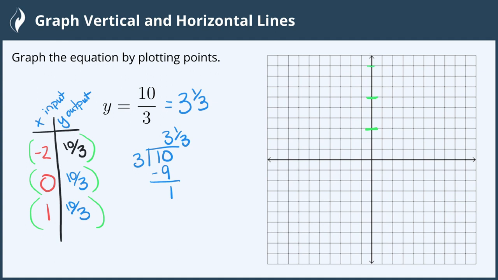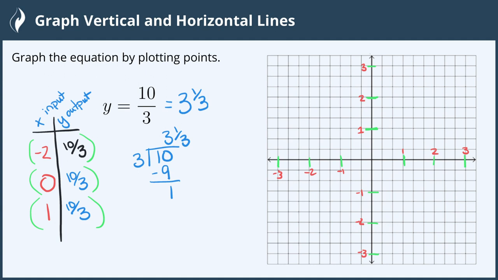This makes it so that we can easily graph in thirds. So we'll fill in the rest of our scale. And now that we have our scale set, let's go ahead and graph all of our points.